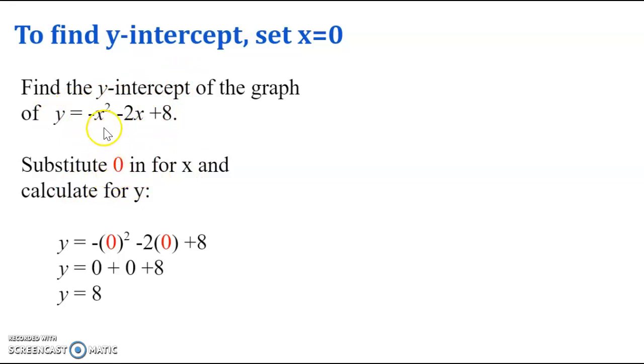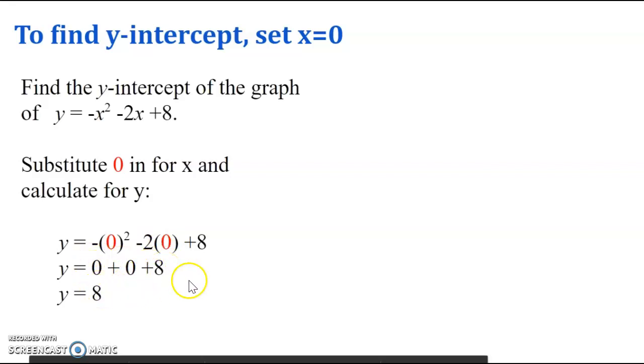That means every time I see an x, I'm going to put 0 in there. Okay, what happens? y is equal to negative 0 squared minus 2 times 0 plus 8. 0 squared is just 0. 2 times 0, anything multiplied by 0 is just going to be 0. Okay, so the first two terms cancel out and you're left with positive 8.